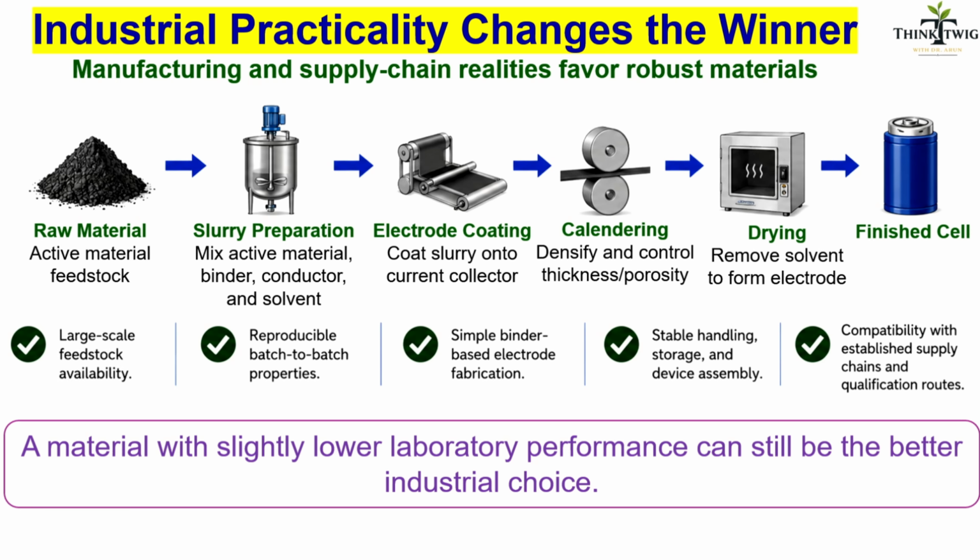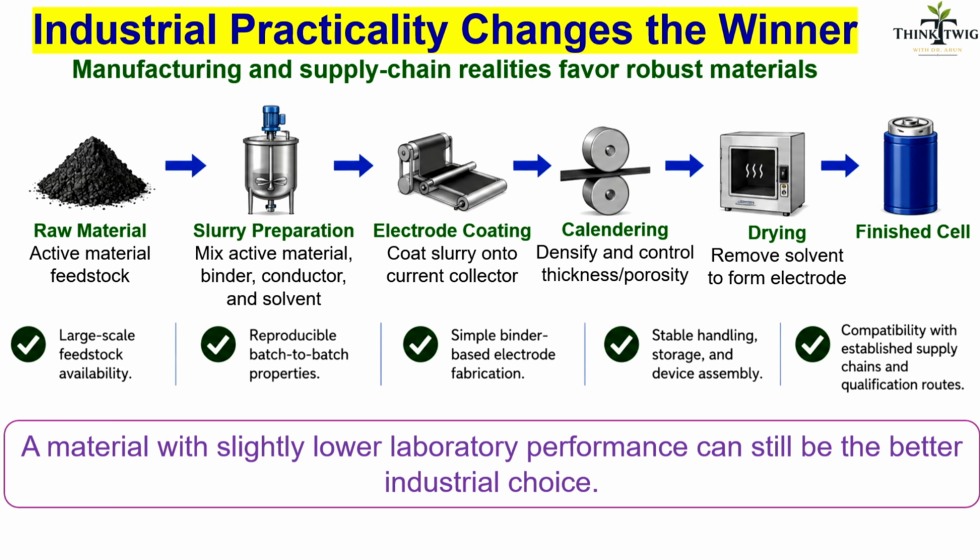A material with slightly lower laboratory performance can still be a better industrial material if it is easier to process, more stable, easier to source, and more reliable during large scale production. Activated carbon has a major advantage here because it already fits well into established EDLC electrode processing methods.